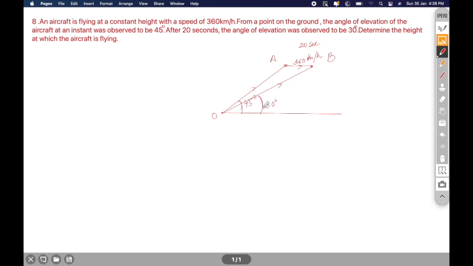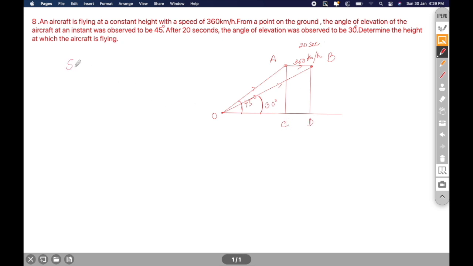We have to find the height at which the aircraft is flying. So we need to find this perpendicular distance, which is same as this distance because it is flying at a constant height. So let me name this as CD.